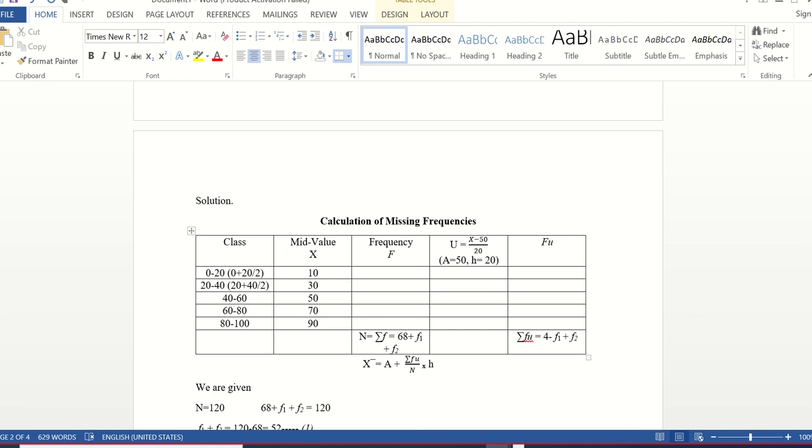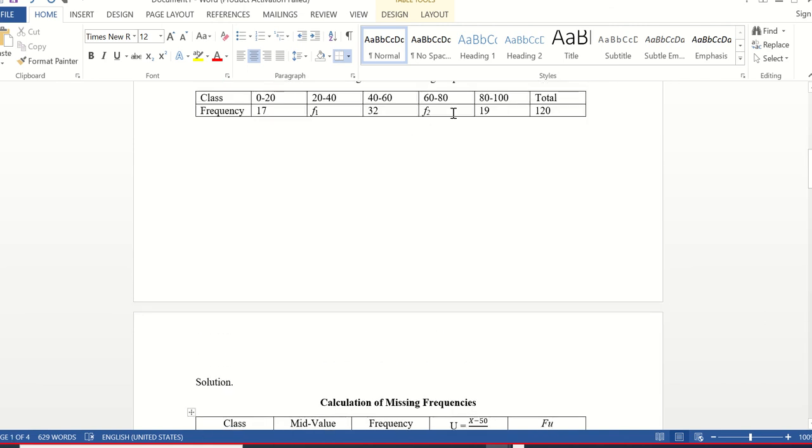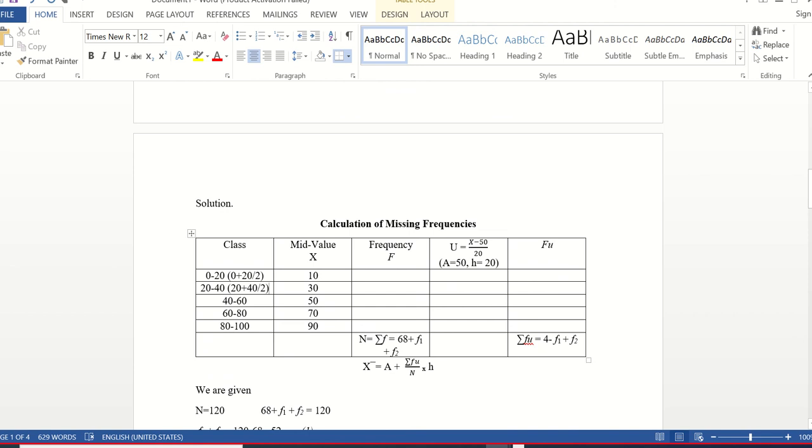Now what I have to do is find the frequency. The frequencies are already given to us here: 17, F1, 32, F2, 19. So I will just write the values.